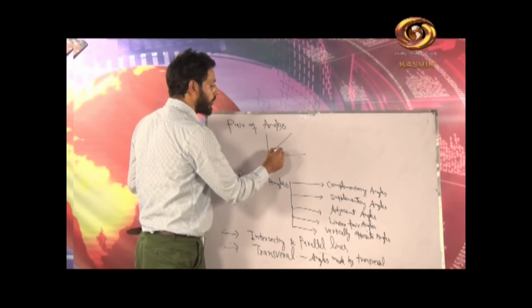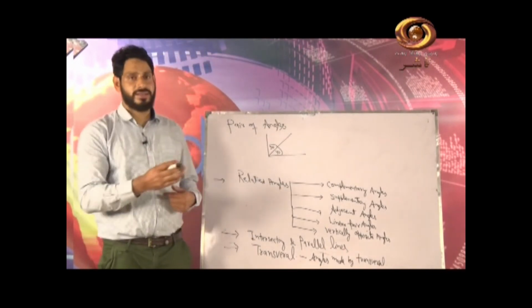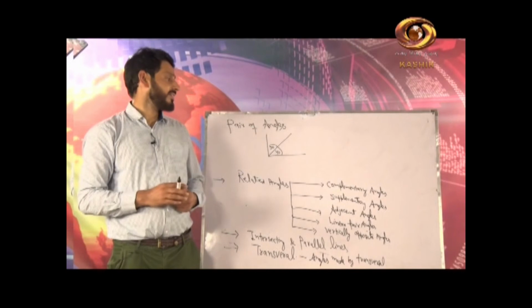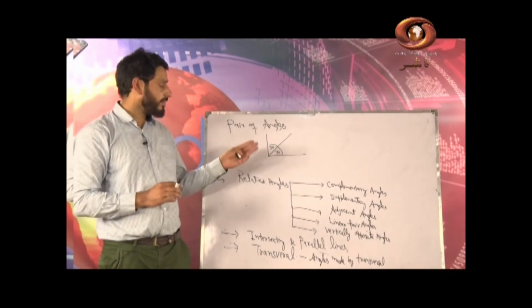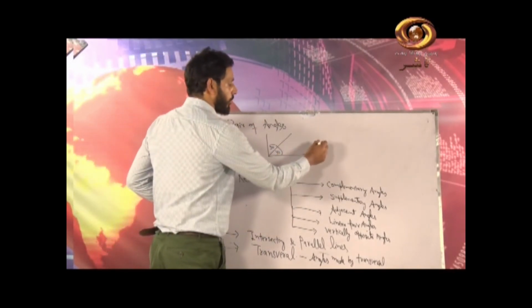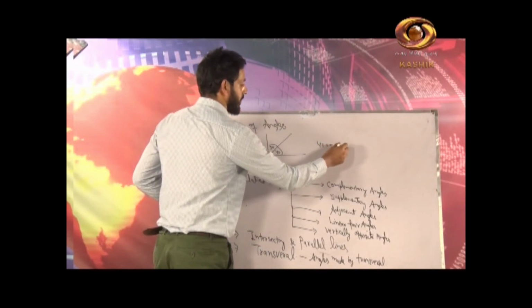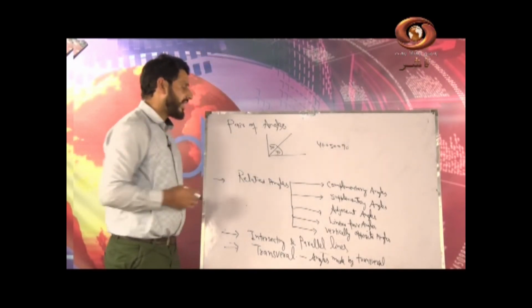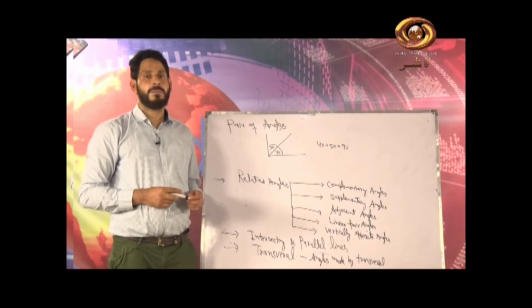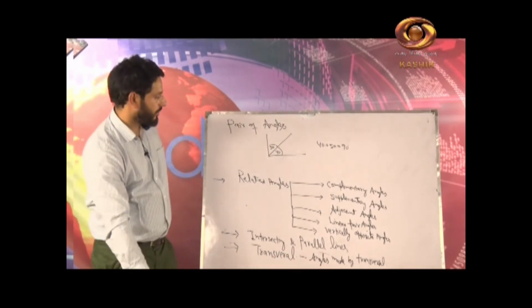Let this be 40, that be 50. They are together, but still their sum equals 90 degrees, that is 40 plus 50. So this again is an example of complementary angles. Got it?